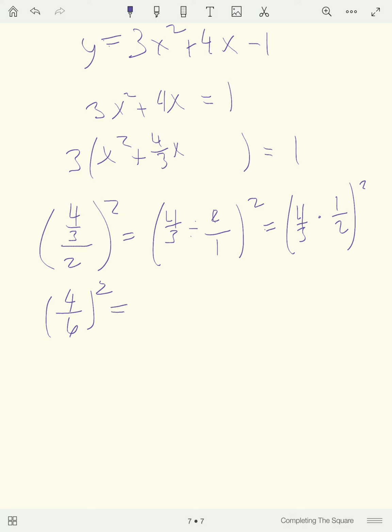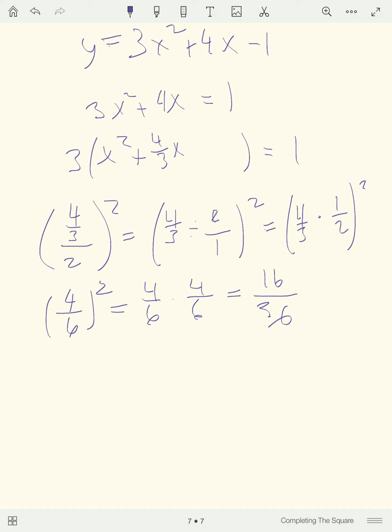Let's write out our fraction math because I don't like doing it in my head. That'll give us 4 over 6 times 4 over 6, and we get 4 times 4 is 16 over 6 times 6, which equals 36.